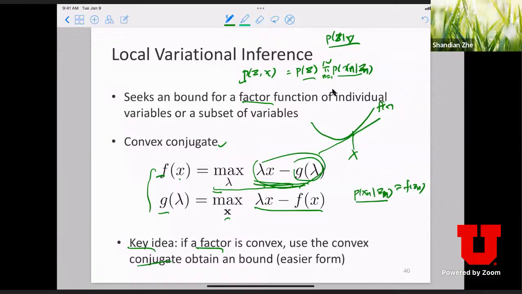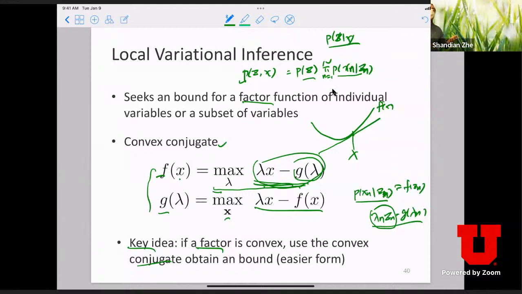Convex conjugate, which can be like lambda_n z_n subtracted by g of lambda_n. So the benefit is that once I replace the original factor by its lower bound, with respect to z_n it becomes a linear term. And usually, once we shove a linear term inside a joint distribution, it becomes a lot easier to deal with.